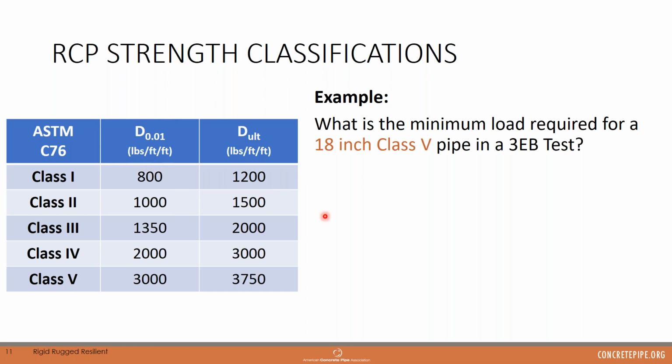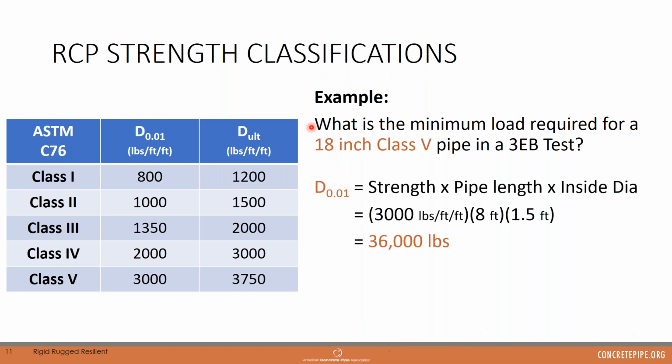So just to give you a quick example, if somebody asked you what's the minimum load required for an 18-inch class 5 pipe in a 3-edge bearing test, the math is pretty simple. To calculate that, all you have to do is take the strength of the pipe, the pipe length, and the inside diameter of the pipe, which I've taken here because we're talking about a class 5 pipe.